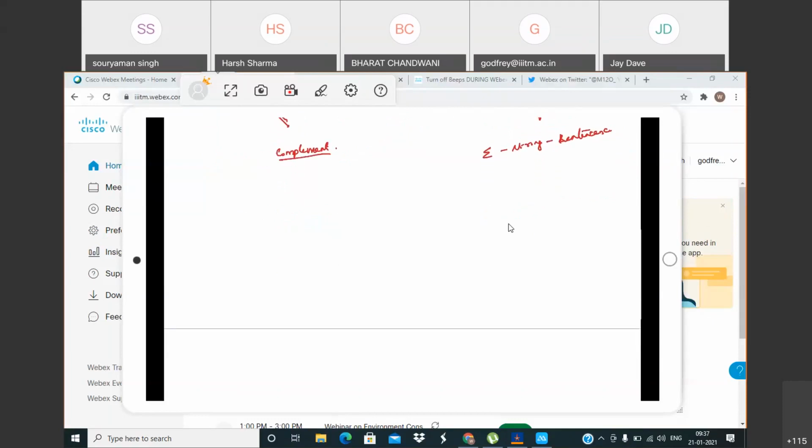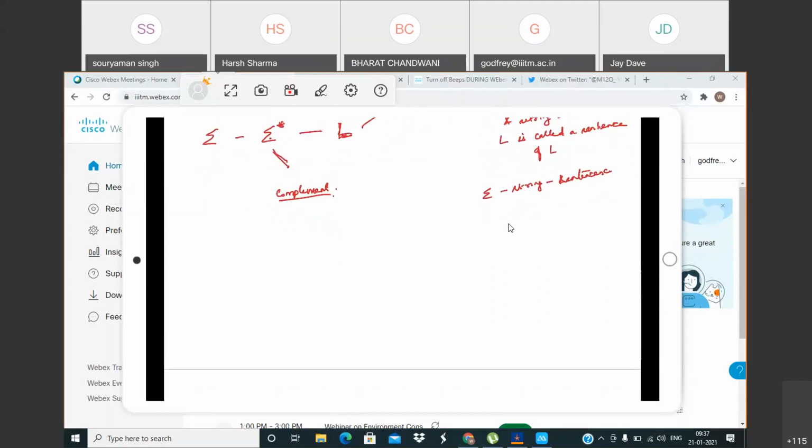Now we look at complement. We know that languages are basically sets, right? Since a language is a set of strings or sentences, if you have two languages, you can perform operations on them and get a third language.